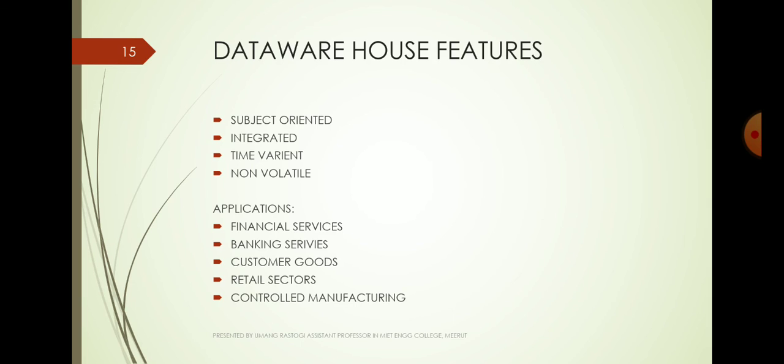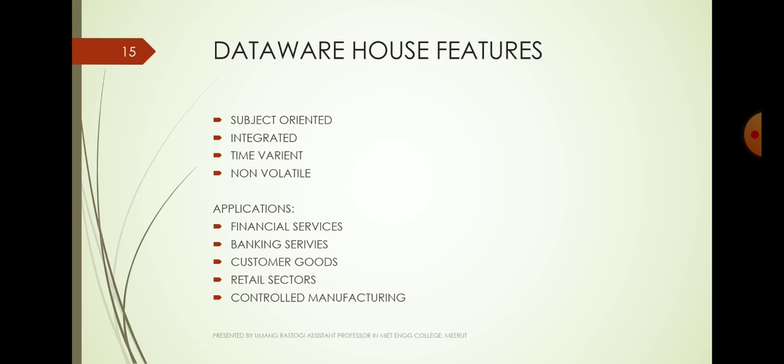Next one is controlled manufacturing. How is a data warehouse used in controlled manufacturing? We can see the historical data showing that a particular product was in too much demand in a recent era. For example, in 2019 to 20, that product was very useful and in demand among customers. So we make more of that product for the next year, because it is updated and will be very useful for customers.